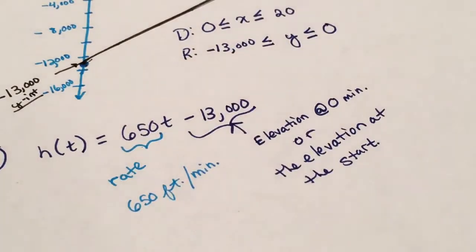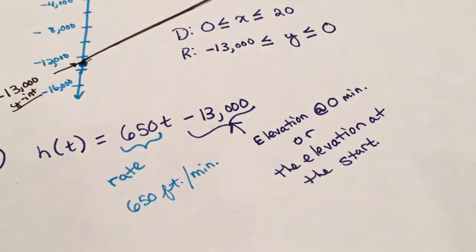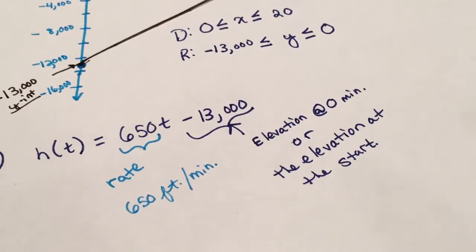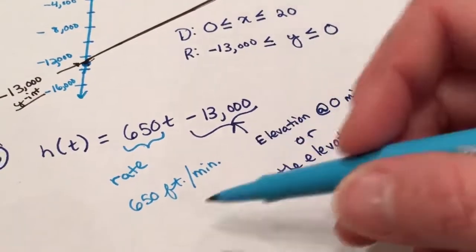In other words, this is the rate at which the submersible is ascending. Okay? The x-intercept represents the amount of time.